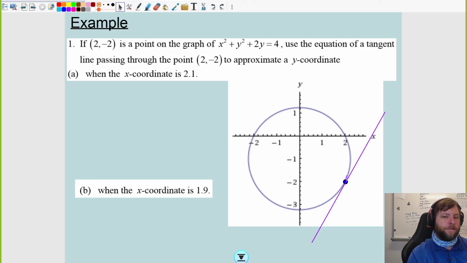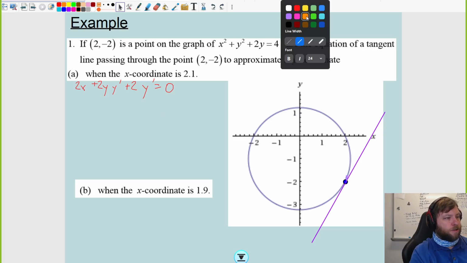All right, so what do I got to do? I have to find dy/dx first, y prime, which is my slope. So I'm going to differentiate this. I get 2x plus 2y y prime plus 2 times y prime equals 0.